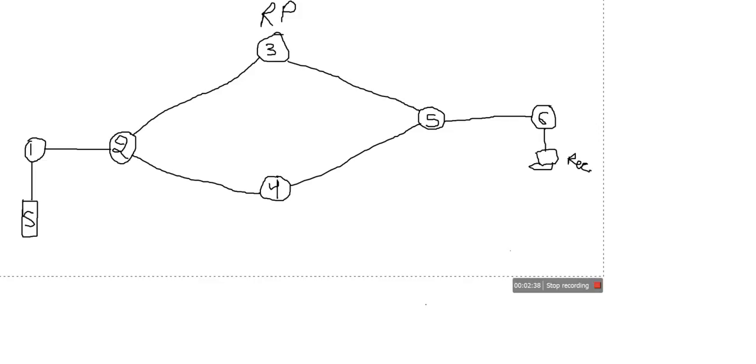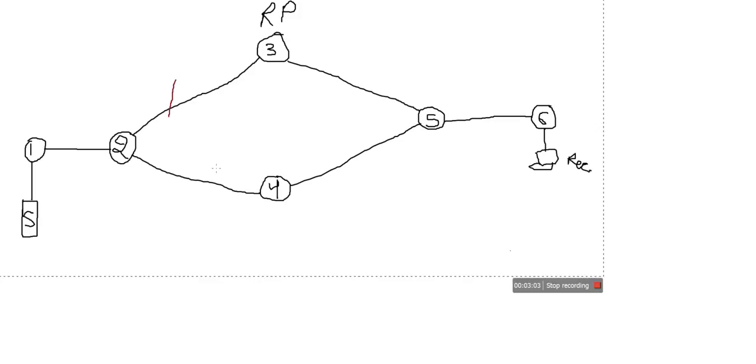Now another question would be, we know that when this receiver becomes active, it will get to the RP and register there. What if my SPT, the path from source to RP, is not stable?